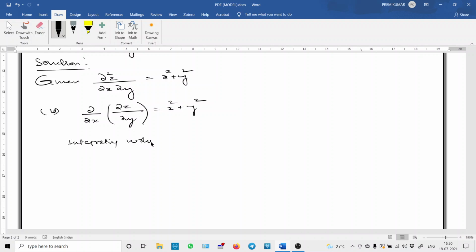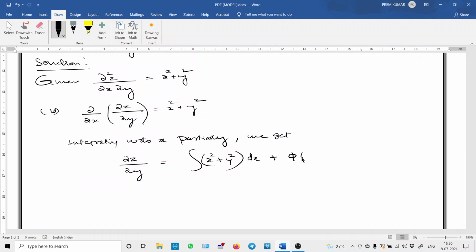Integrating with respect to x partially, we get dou z by dou y, and the right hand side also we have to integrate with respect to x partially. Since we are integrating with respect to x partially, the constant of integration must be some function of y.